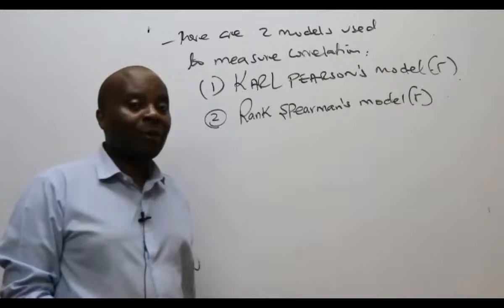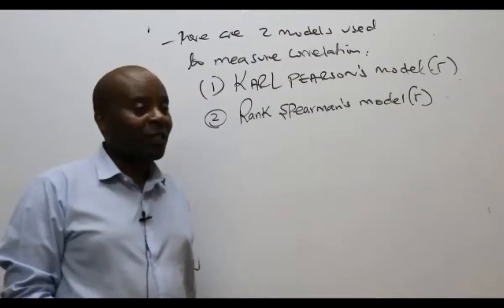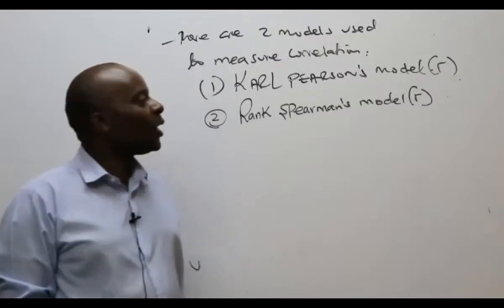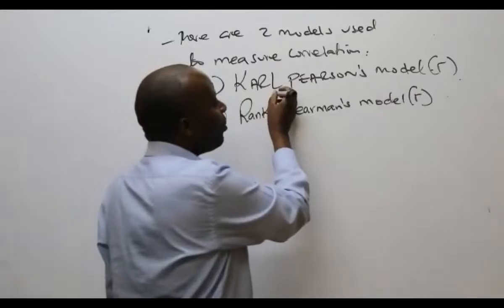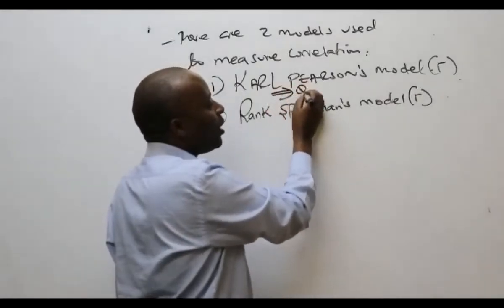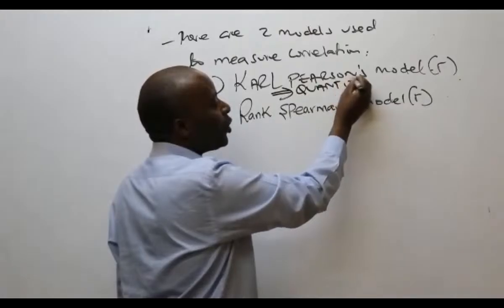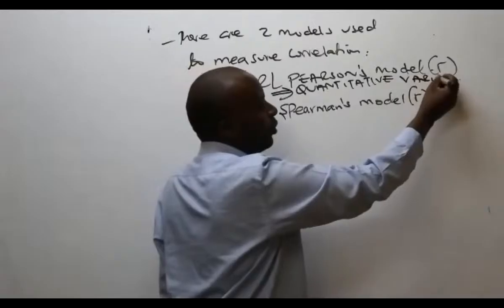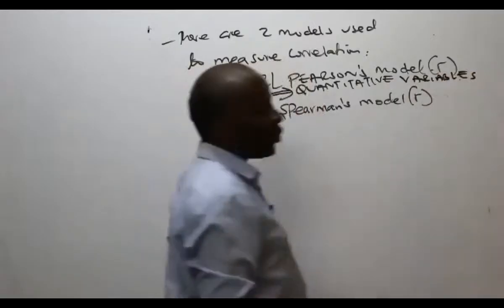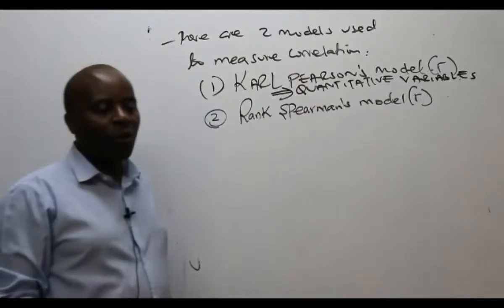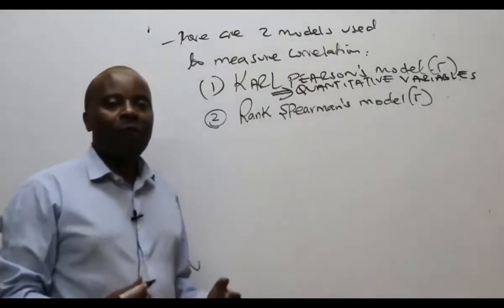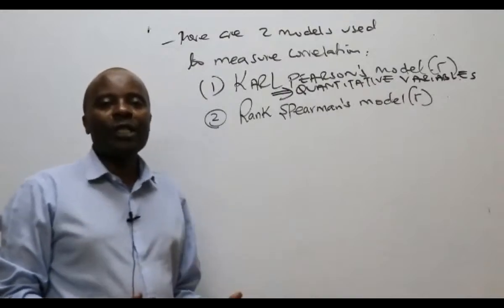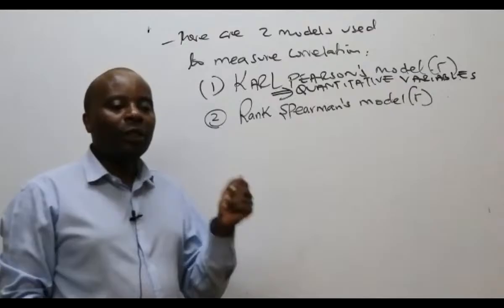If you look at your past papers, in most cases you'll be told to differentiate between these two correlation measures. Ladies and gentlemen, we normally use Karl Pearson's model whenever the variables that we have are quantitative in nature. Quantitative variables are those I'm able to quantify, meaning measurable or countable.